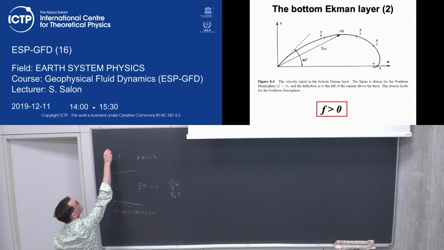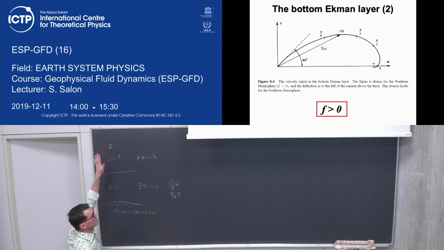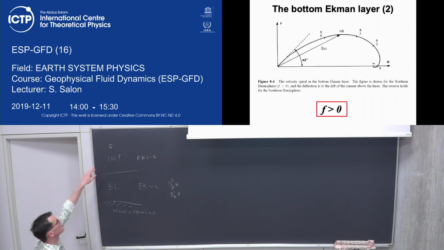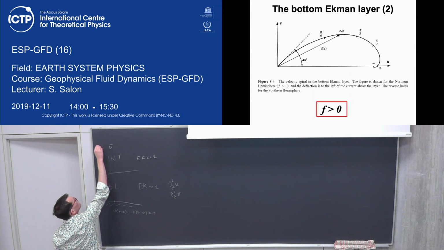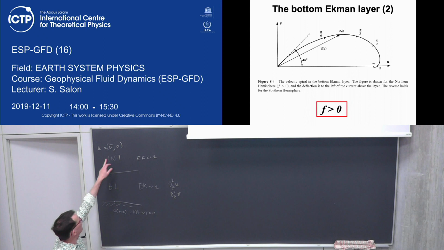While in the interior, we started with the very easy case to consider just, let's say, u equal to u bar over 0, where u bar is the geostrophic component. Okay? So we found the equations.